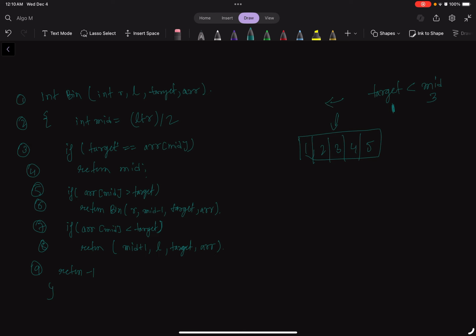To go to this side, left will be as it is, right will be mid -1. Yeah, now it's fine.